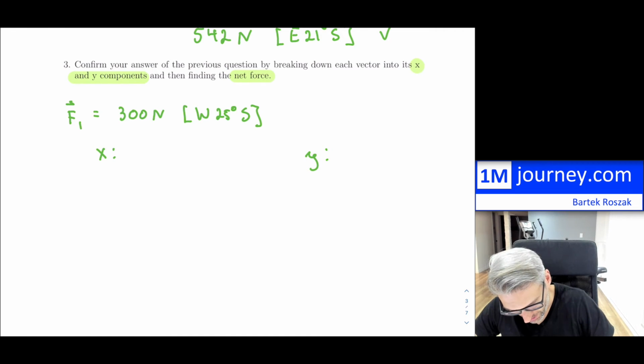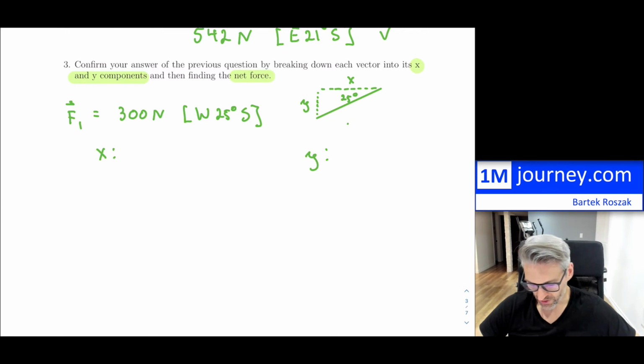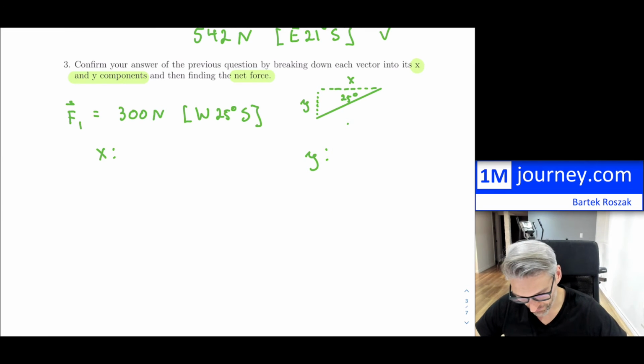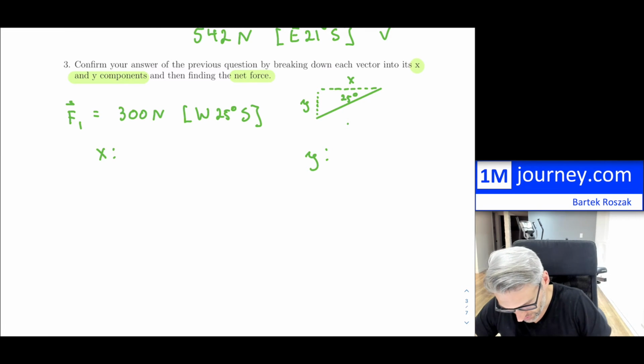So it's basically something like this. Here is your X and your Y, so that's your X component and your Y component. This is 25 degrees, so you're going to have to use your sines and cosines to find this. This is going to be 300.